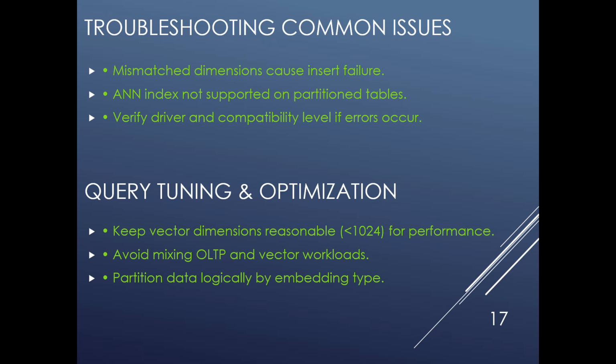This will help in partitioning of tables, and if it is not partitioning, it is still better to use this column. An index will not work with partitioning, but if you have another column like embedding type, you can use this in partitioning views or filtered indexes.